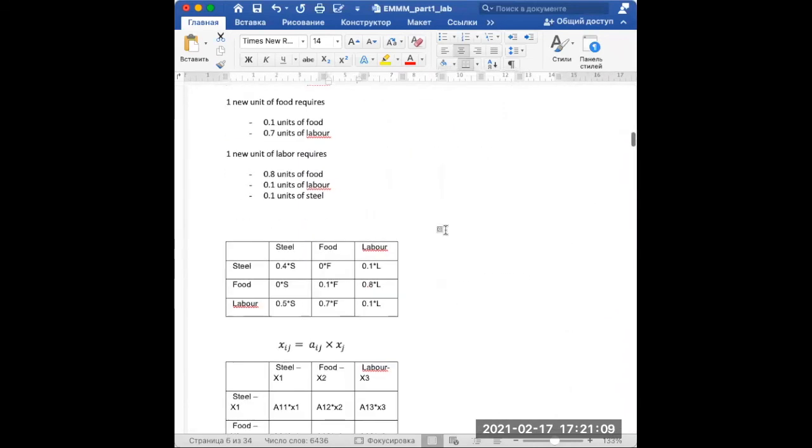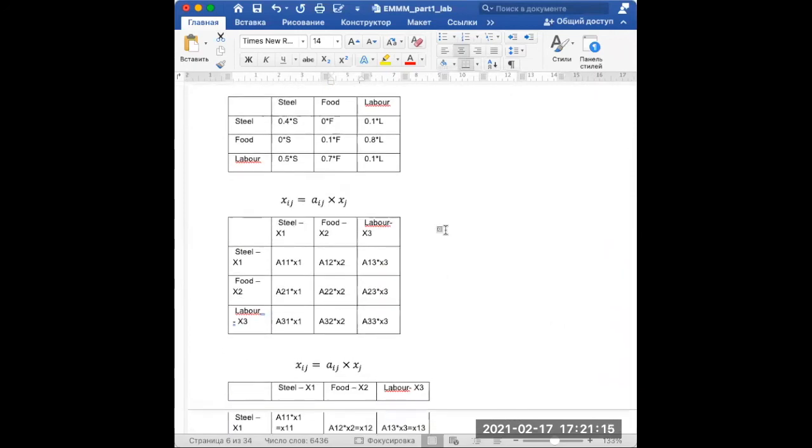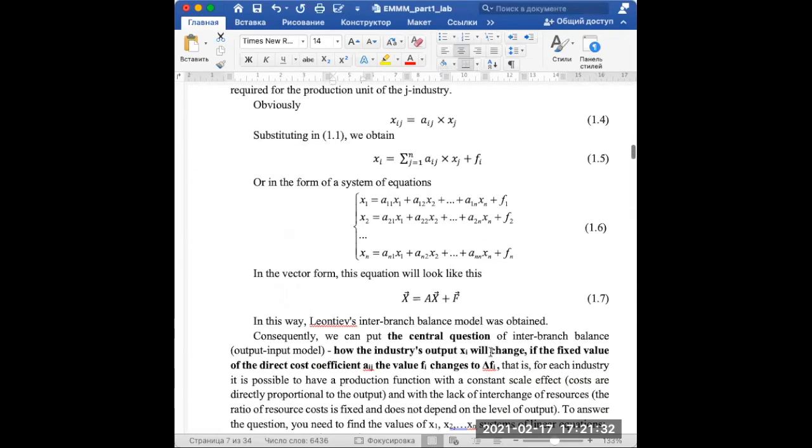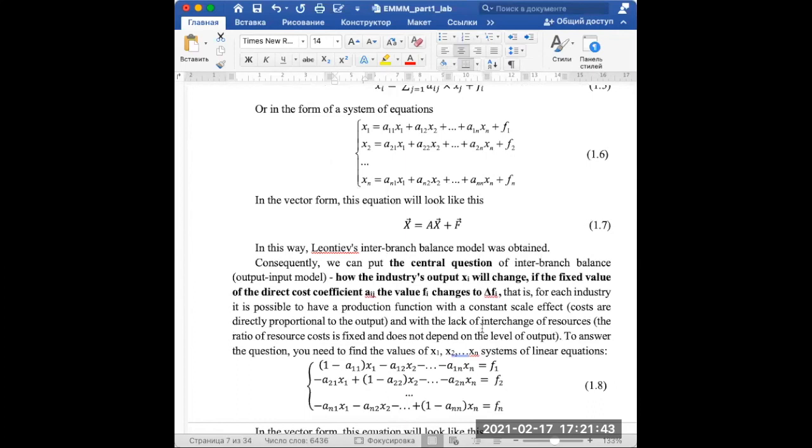Also, we know that according to our last assumption about outputs, all our direct cost coefficients are constant in our model, which helps us simplify all our calculations and then mathematically find the central question of this input-output model. The central question lies in finding how our x will react to changes in final demand.